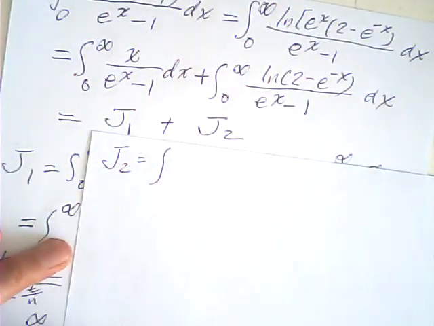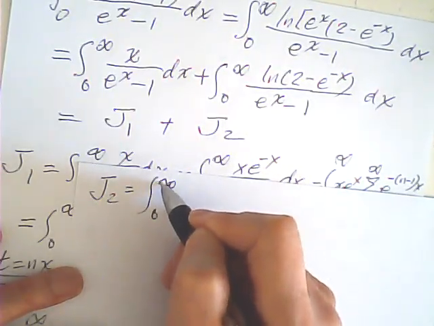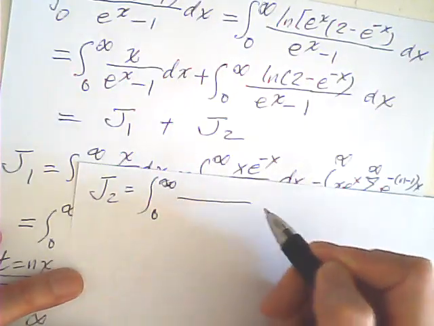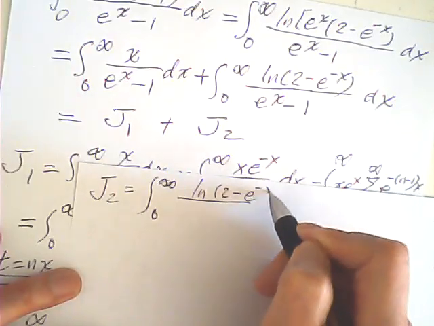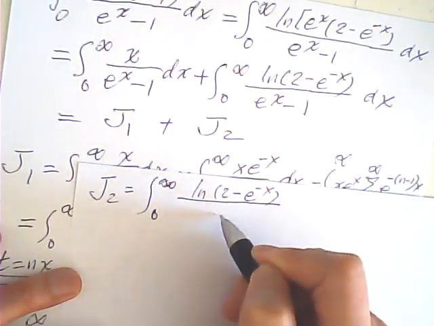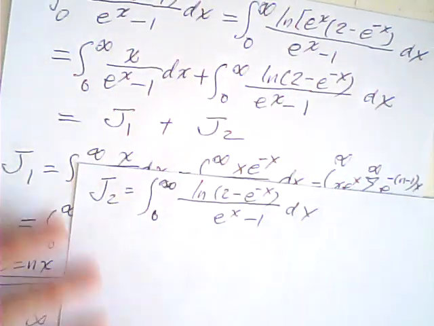This is J1, this is J2: the integral from 0 to infinity of the natural log of 2 minus e to the negative x, over e to the x minus 1. Okay, this is my J2.